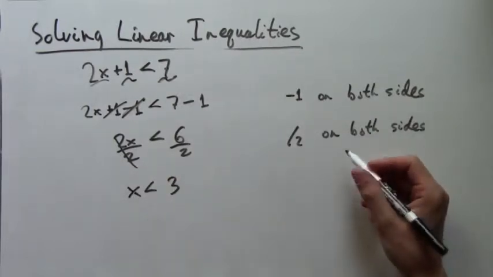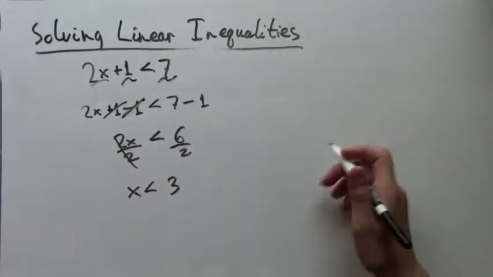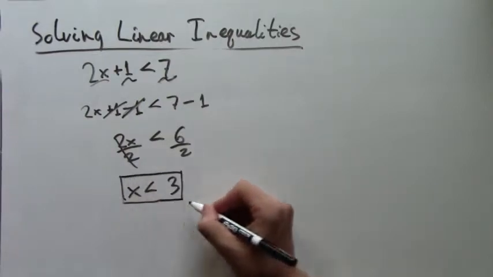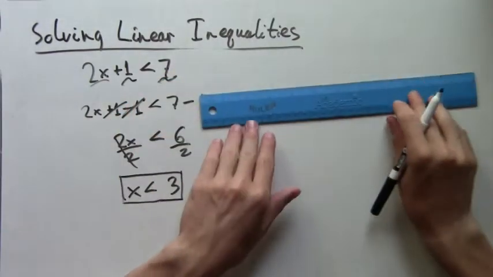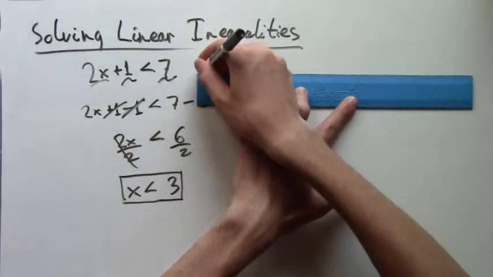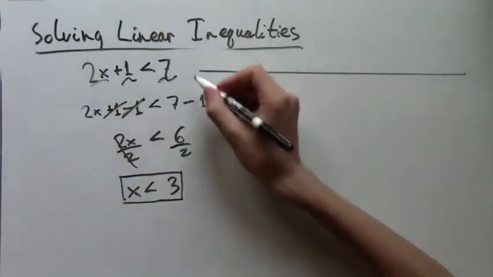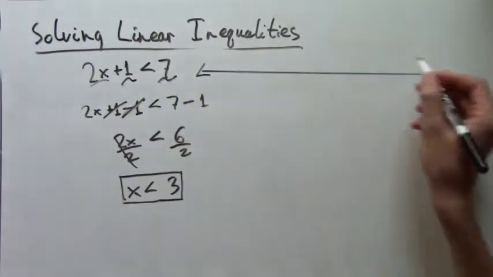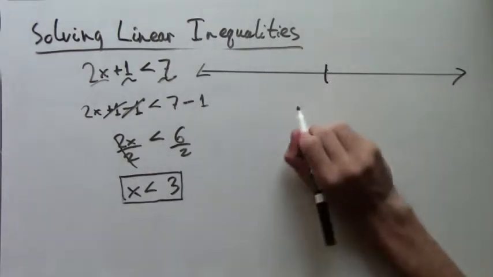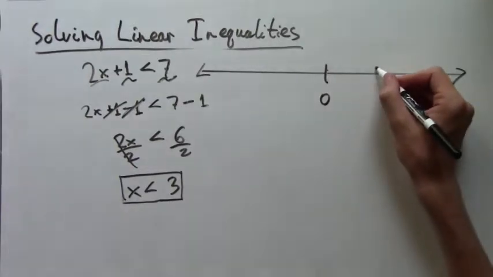This is the solution. Now, the solution isn't just x equals a number. It's rather an interval. So let's draw this interval and then write it down in interval notation. For that, first we're going to draw the number line. And of course, we're going to mark 0. And in addition to 0, we want 3, because x is less than 3.